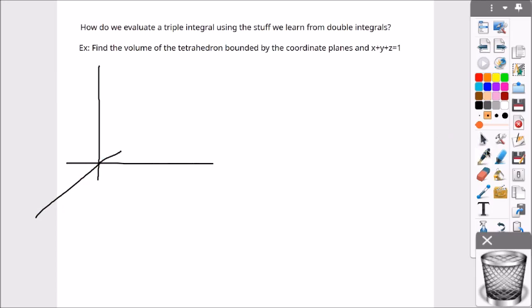So there's a few strategies that I recommend. A strategy that I recommend is, well, you can just plug in numbers to figure out which one is higher and which one is lower. So that's how you will decide your bounds for dz, dy, or dx. You have to have the lower one on the bottom and the higher one on top.